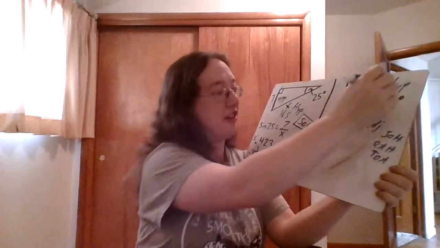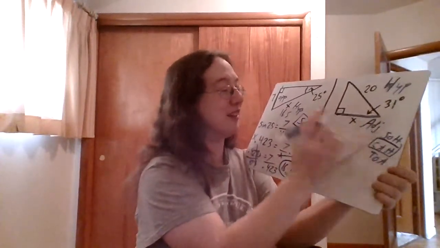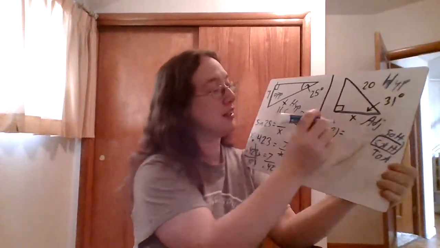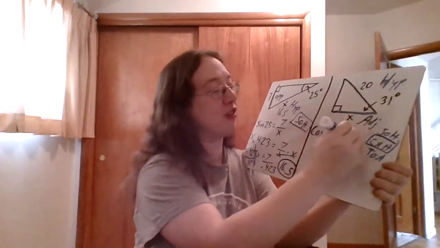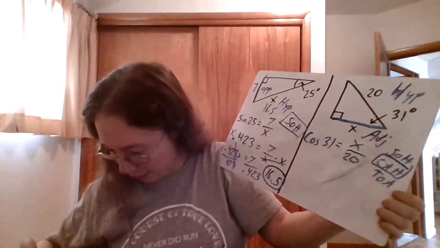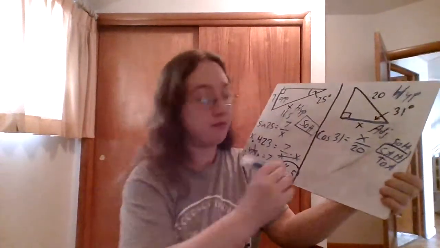So we have our adjacent, our hypotenuse, so we want our cosine. That's a C and an E there. So the cosine of 31 is your adjacent side, which is x, over your hypotenuse, which is 20. Cosine of 31 is about 0.857.